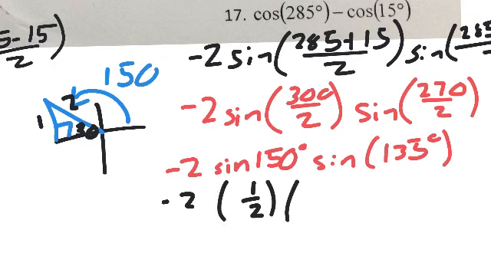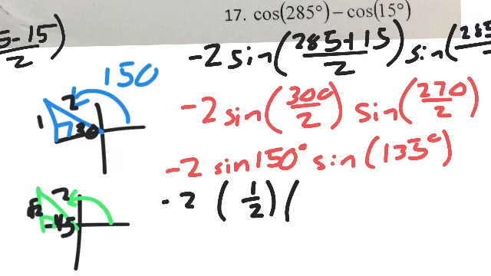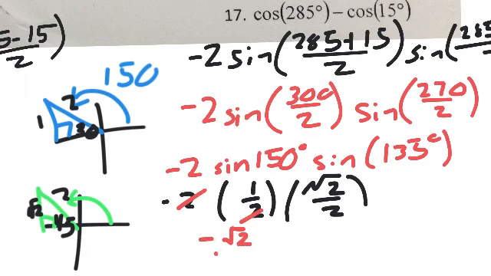And then when I do sine of 135, again, I'm in the second quadrant. If I rotate 135 degrees, that's going to leave me a central angle of 45 degrees. I'm in the second quadrant, so sine is positive. Sine is the opposite over the hypotenuse, so that would be radical 2 over 2. I can cancel one of these 2's, but don't forget there's a negative out front, so that's negative radical 2 over 2. That's my final answer for 17.